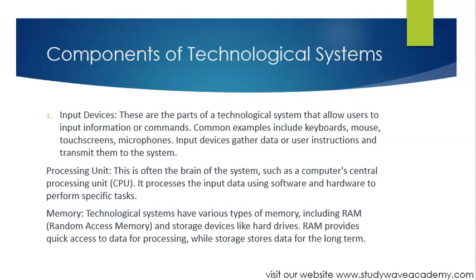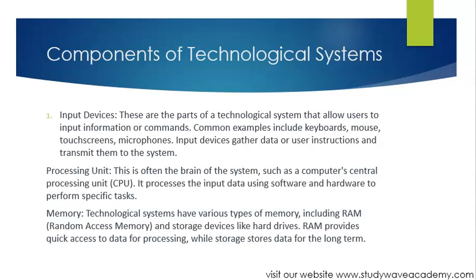The processing unit. This is often the brain of the system, such as a computer's central processing unit, the CPU, known as the brain of a computer. It processes the input data using software and hardware to perform specific tasks. Memory.